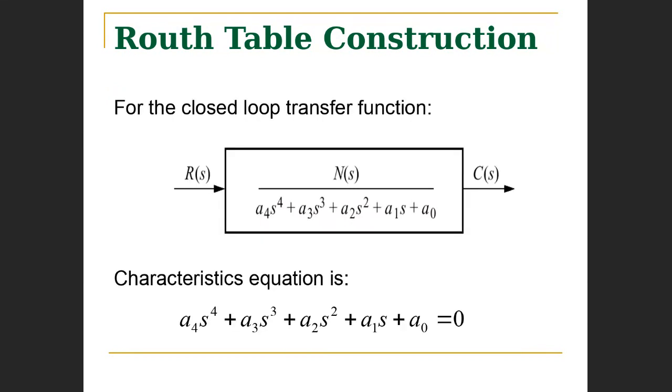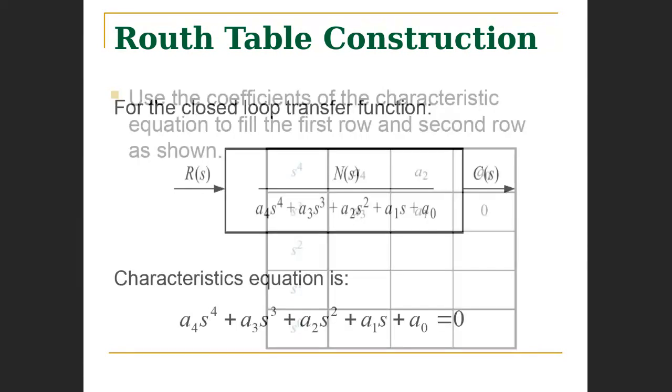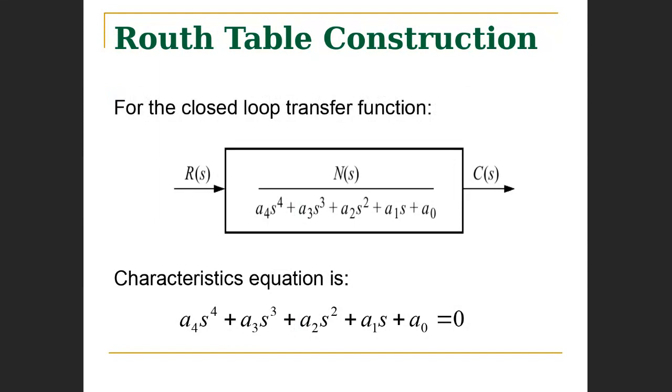What we're going to do is create the first two rows in our Routh table, using the coefficients of the polynomial. The first coefficient would be the coefficient of the highest term in the polynomial, that is s to the fourth.